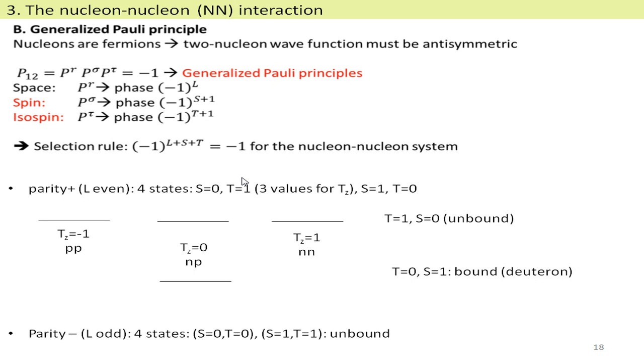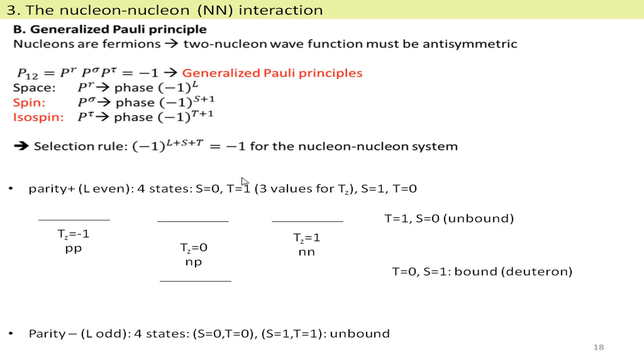And now if you consider the other possibility, T equals 1, you have three values for the projection. So this is Tz equal +1, this is a neutron-neutron, Tz equal -1 proton-proton, and here you have an excited state of the deuteron.